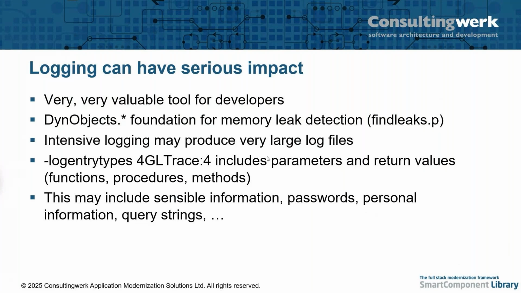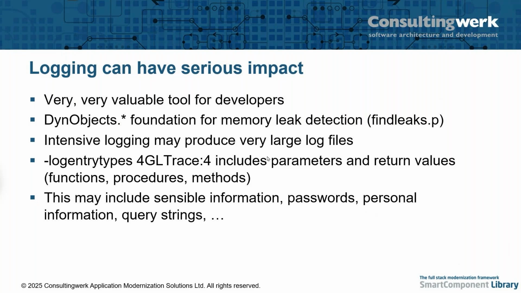But if you, for instance, use 4GL trace with logging level 4, and you write all input parameters and output parameters to your code into the log file, that may include things like passwords. If you're passing a password from the login dialog into a procedure that validates the password, you would see the password in plain text in the log file.